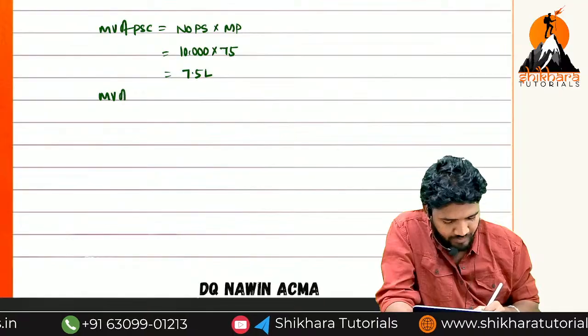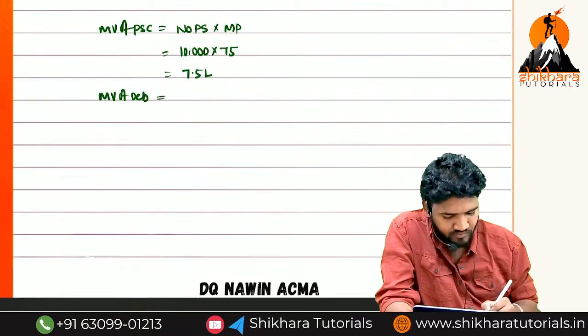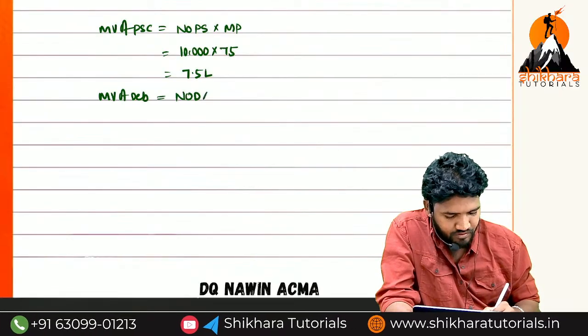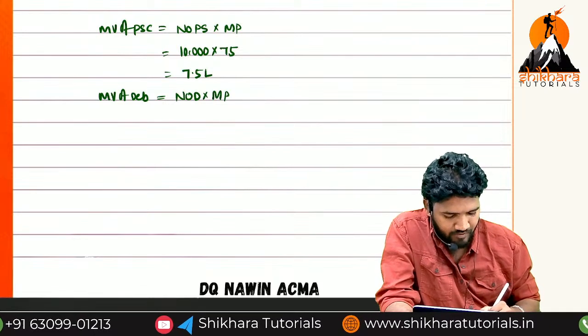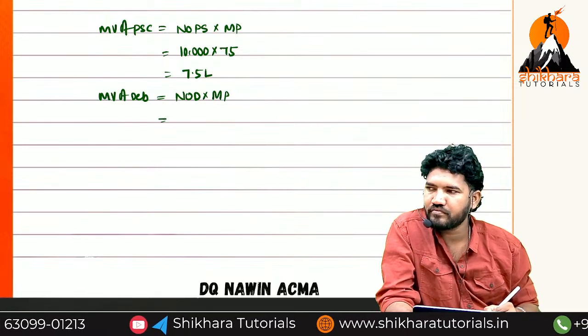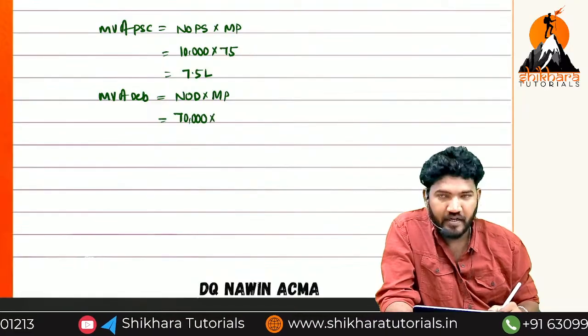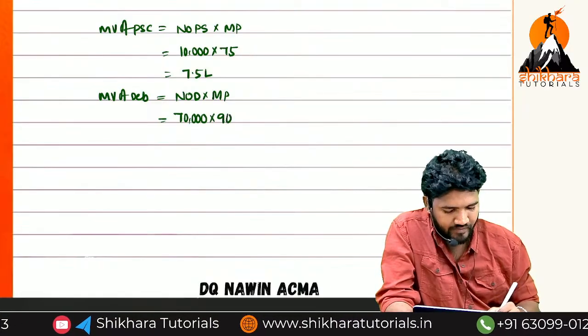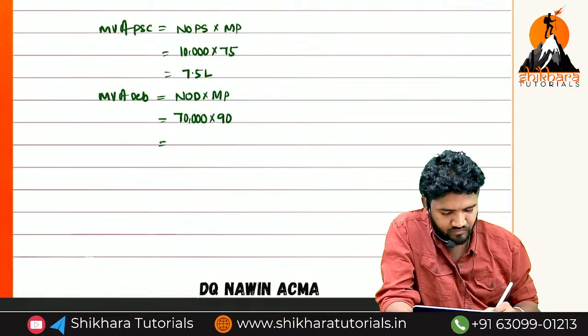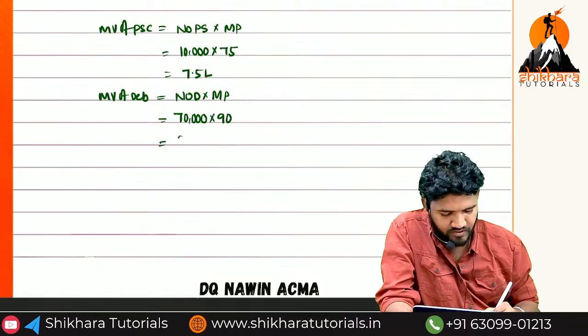Now what about the debenture? Market value of debentures equals number of debentures into market price. Number of debentures, please. 70,000 debentures, 90 per debenture. Answer? 63 lakhs.